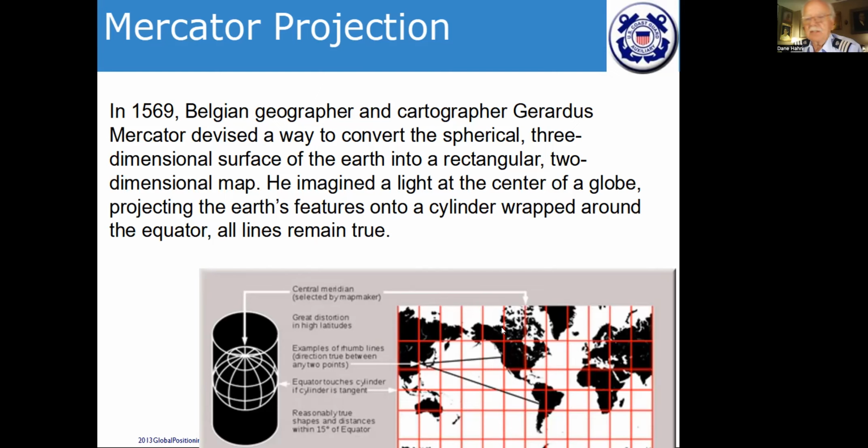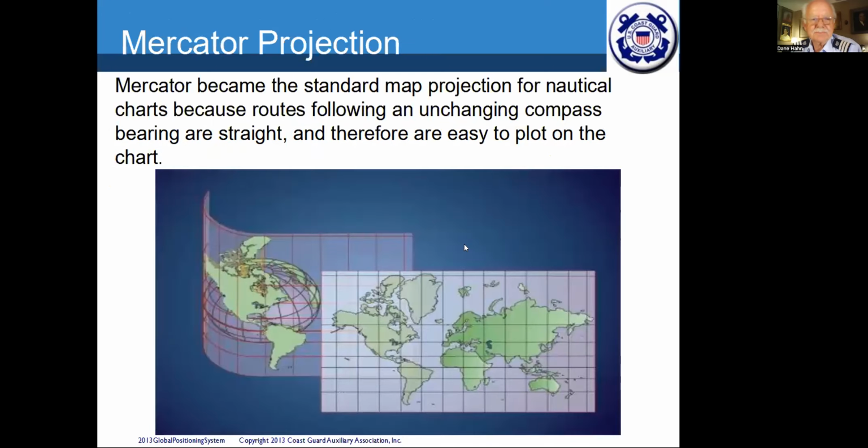And that's just because that's the way a projection works. The line stays straight and true in both directions, but it gets distortion as you get closer to the poles. For example, Greenland isn't bigger than the United States, but it looks like it is on this map. Okay, just so you know, those are some of the things that get discussed.